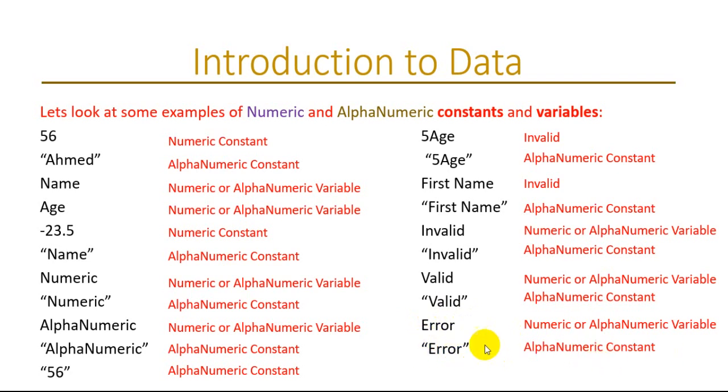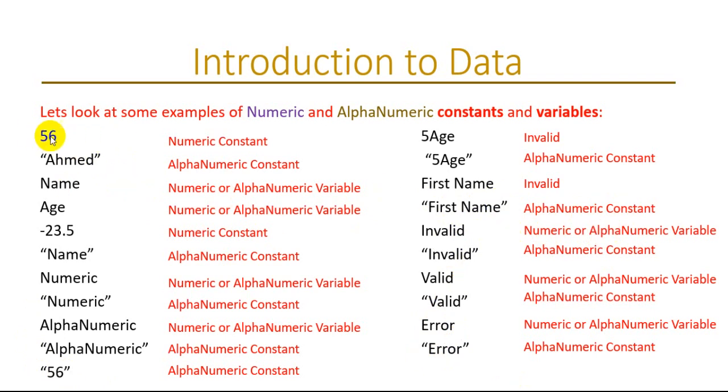See, double quotes are there, then it's always an alphanumeric constant. Okay, so if you look at this entire thing, you will notice everywhere something starts and ends with double quotes, whether it is text, numbers, or things like error or valid or invalid or anything like that, first name with space here, it doesn't matter. As long as double quotes are there, it's an alphanumeric constant. So all those are alphanumeric constants.